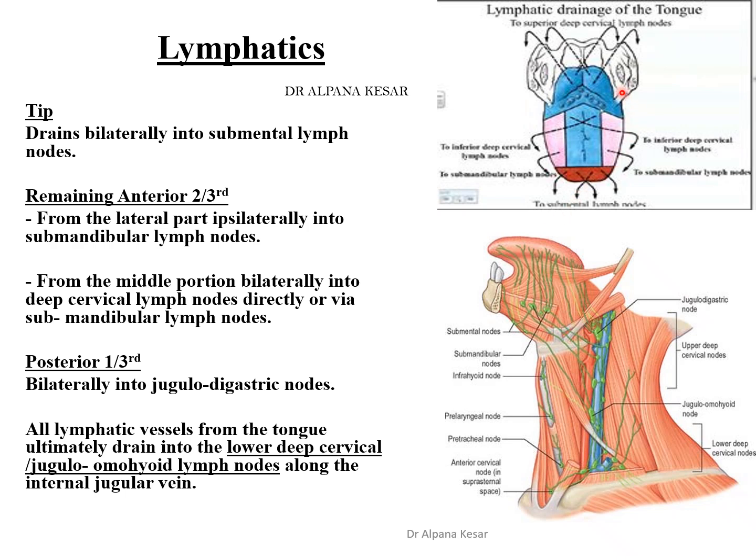The lymphatic drainage from the tongue will be into submental and submandibular groups of lymph nodes. Submental is present just below and behind the anterior part of the mandible, while the submandibular group of lymph nodes is present in the submandibular triangle.